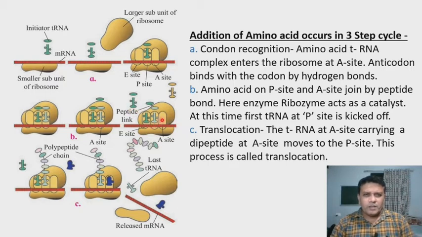And then the new tRNA or the amino acid tRNA complex will come at this A site, and again the third amino acid molecule will get attached to this dipeptide chain, and this tRNA will then be transferred to the E site, and through the E site it will come outside the ribosome, and the tRNA complex which was attached to the A site will move to the P site.